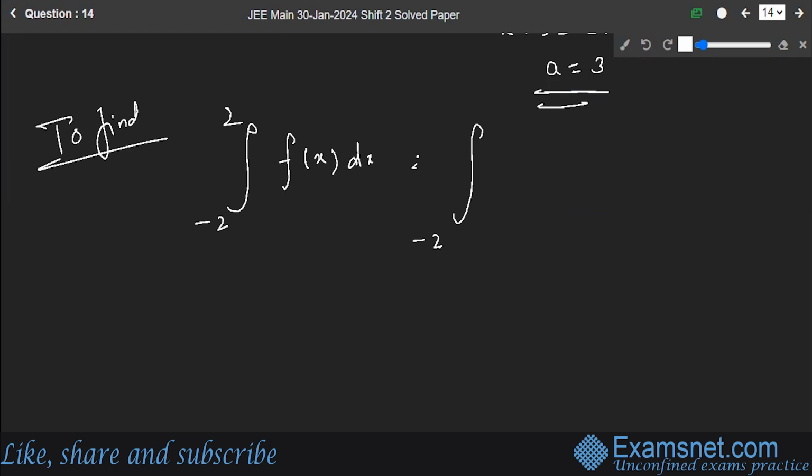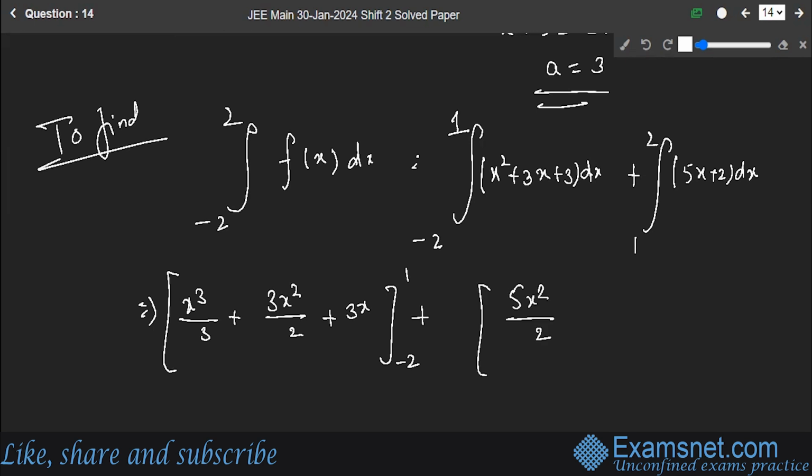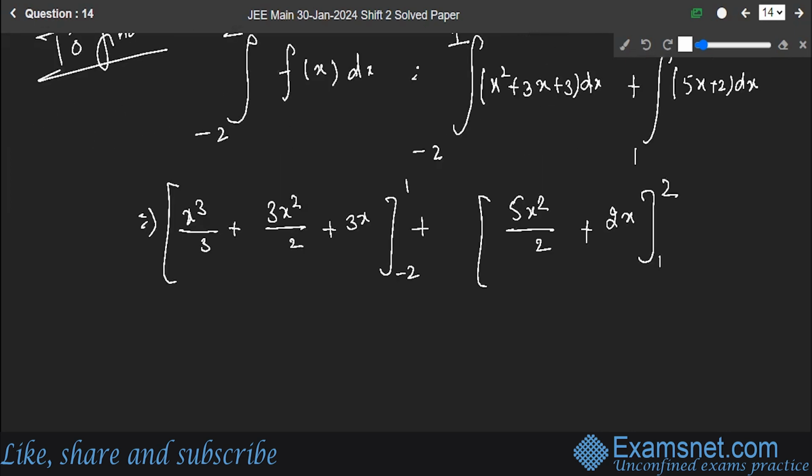I'll break it up because the breaking point is x equal to 1. So this is the integral of x squared + 3x + 3 dx from -2 to 1, plus the integral from 1 to 2 of 5x + 2 dx. This will give me x cubed upon 3, 3x squared upon 2, and 3x from -2 to 1, plus 5x squared upon 2 plus 2x with limits 1 to 2.